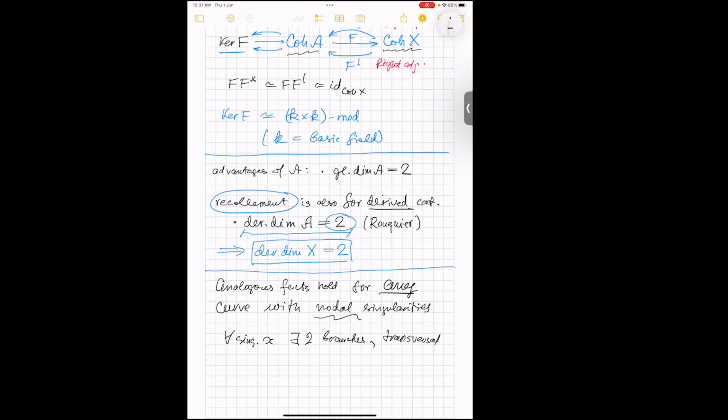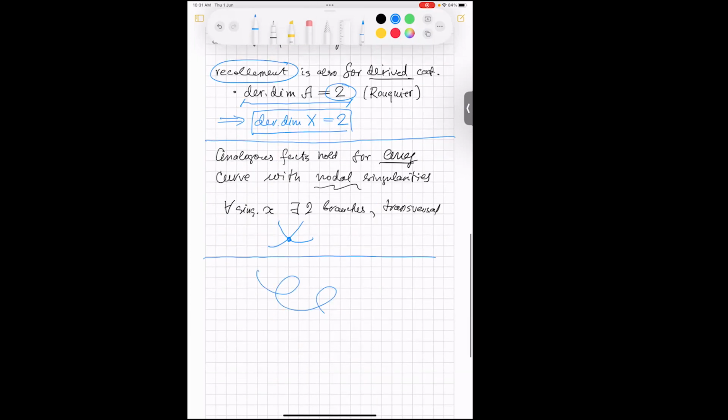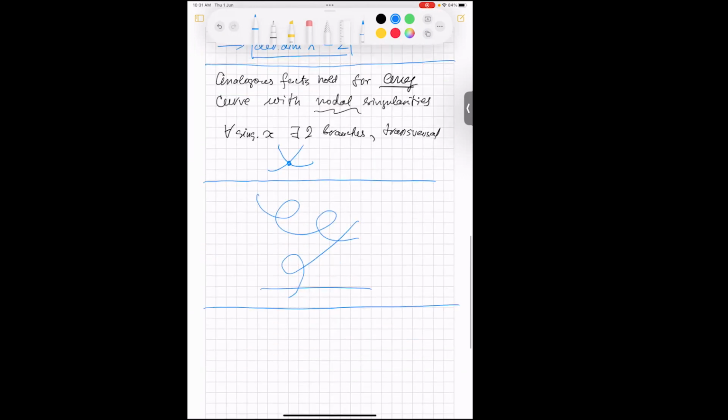So locally it looks like this: one branch and another one. So if we have something like this, then the same construction works.